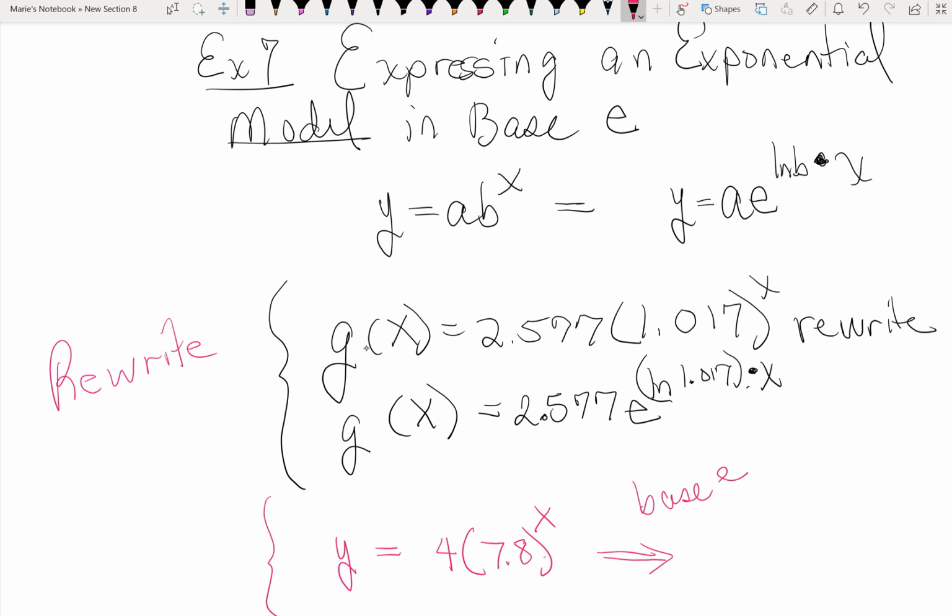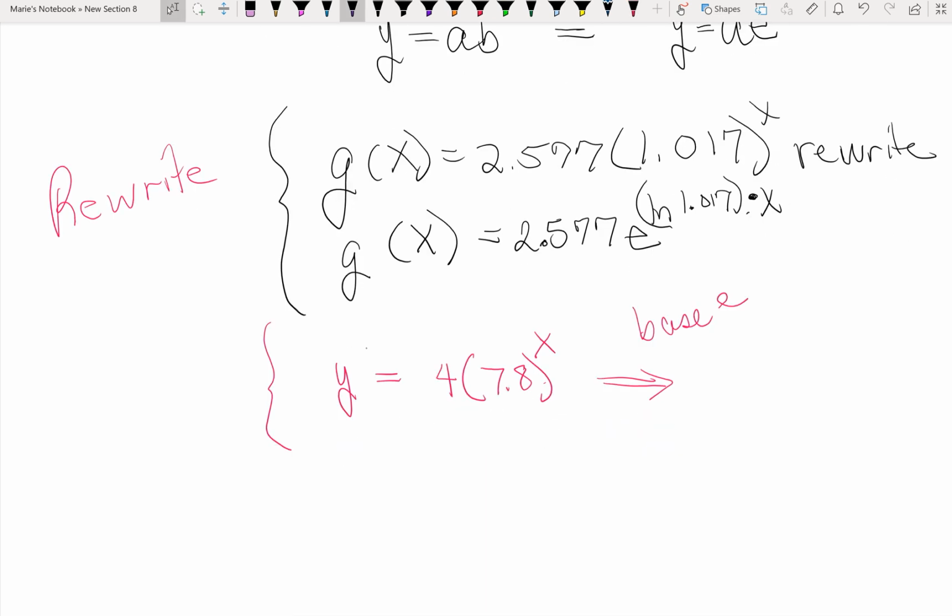Right? And so in doing so, I'm going to do this underneath so you can follow me. So this simply becomes y equal to 4 times e raised to the natural log of 7.8 times x, however we want to do it.